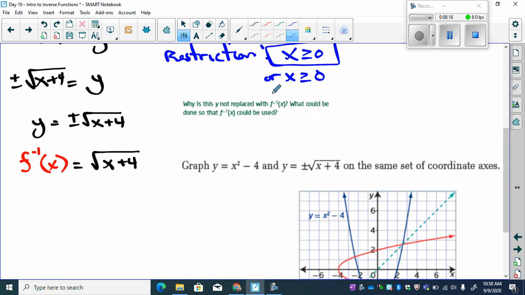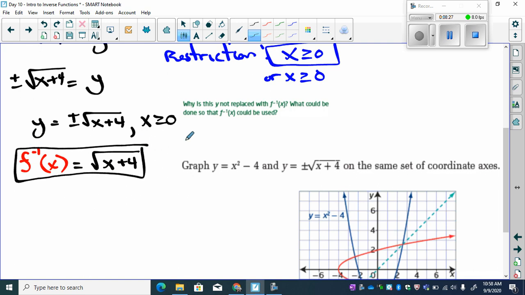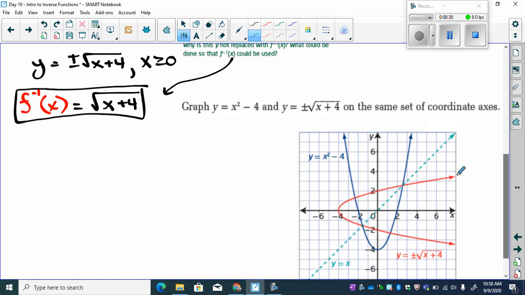If I chose this one, so I'll just write this little restriction afterwards, and now I can do the following. Okay? That answers this question right here. Notice the picture, all right? There is the curve y equals x squared minus 4, the parabola. You can see the vertex here better, okay?